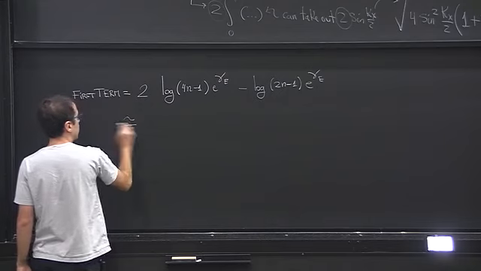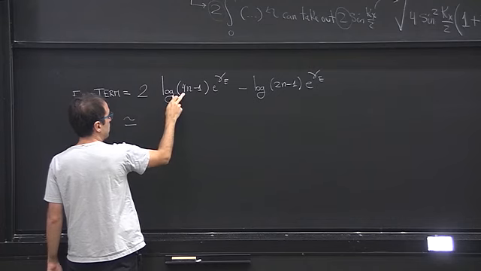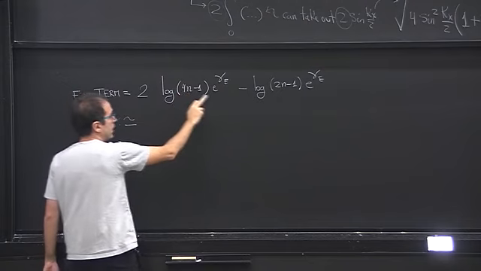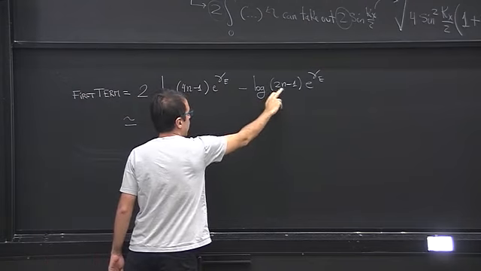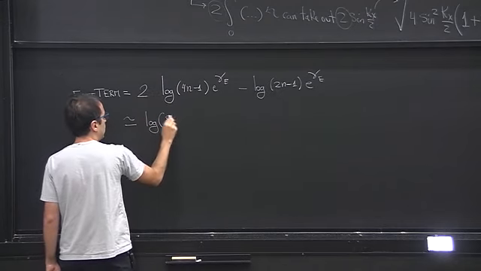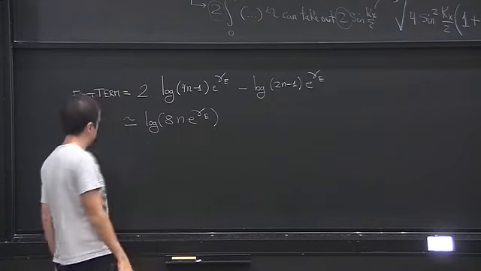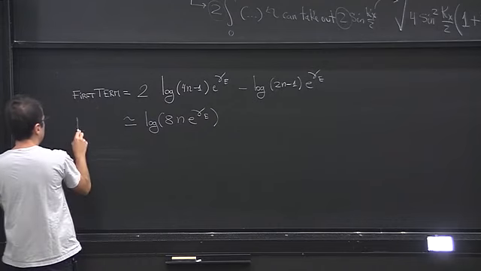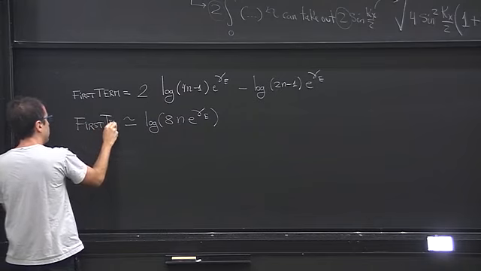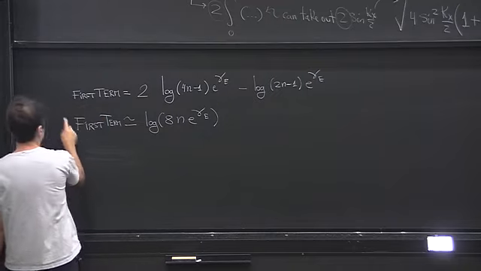And that's approximately equal to, we put this inside for simplicity and then we divide. So this gives me 16n squared over 2n, so log of 8n e to the Euler gamma. Okay, and the first term.